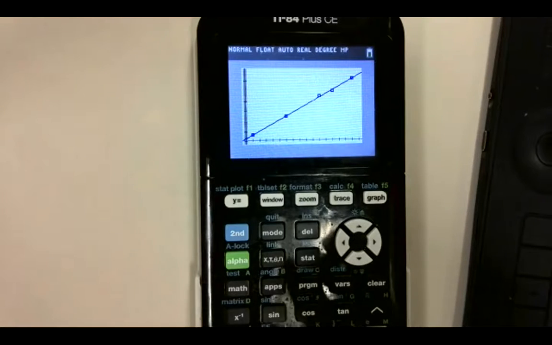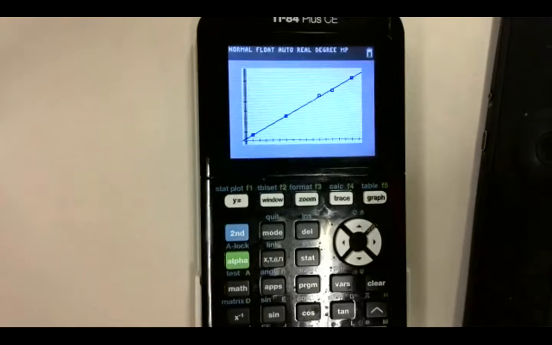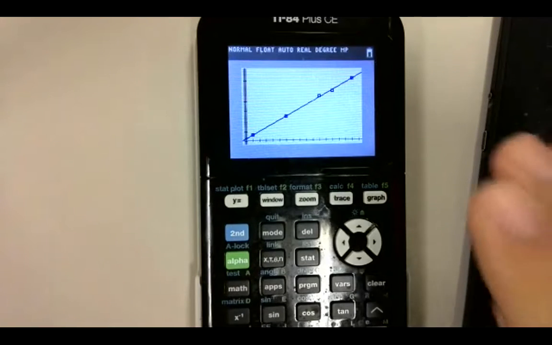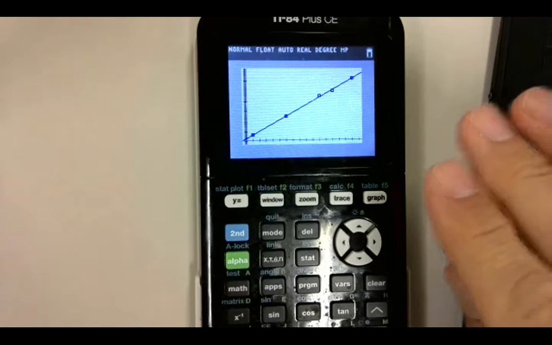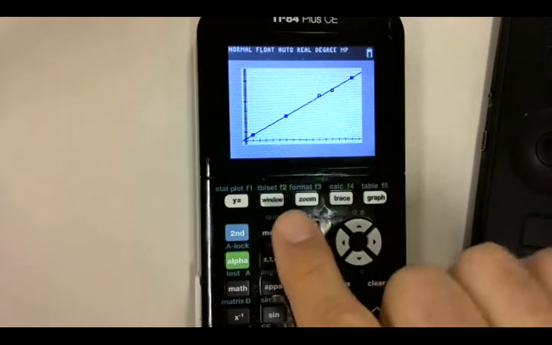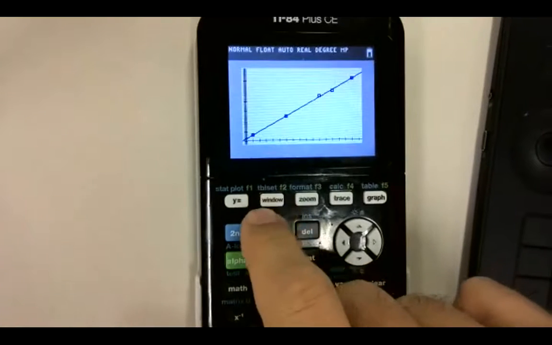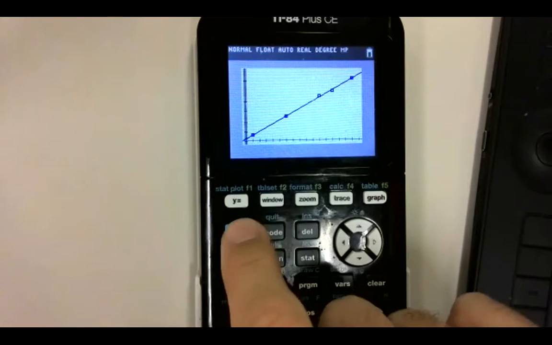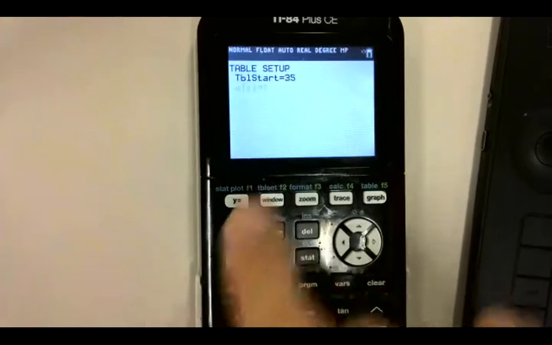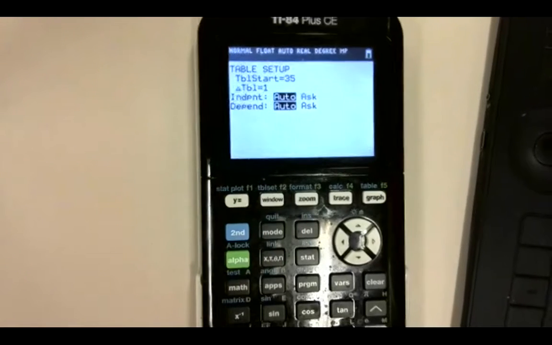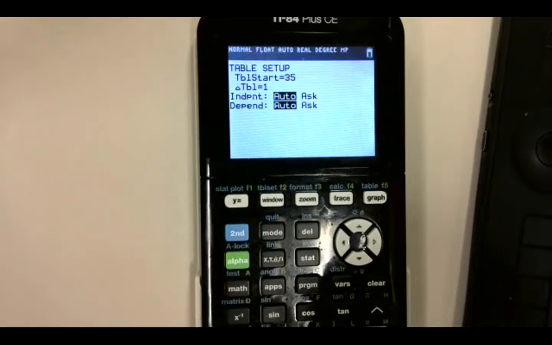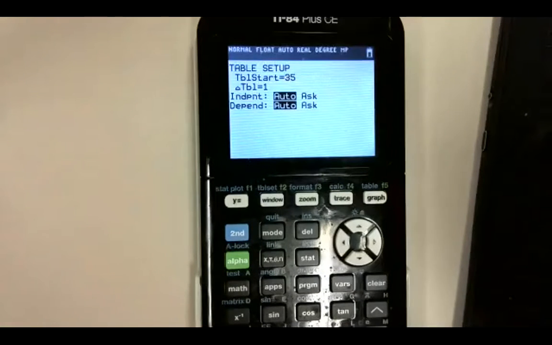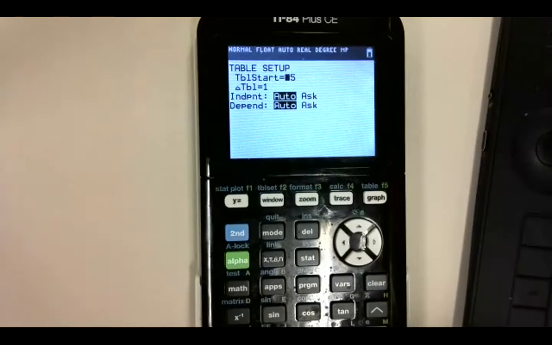Now, if I'm trying to make a prediction, this is the hardest part to remember. I can just go to, again, you see in the blue, right above window, it says table settings. So it's second table setup. And it said, I want to know how many calories I would burn after 30 minutes walking.